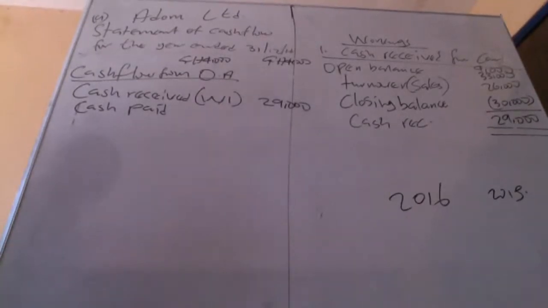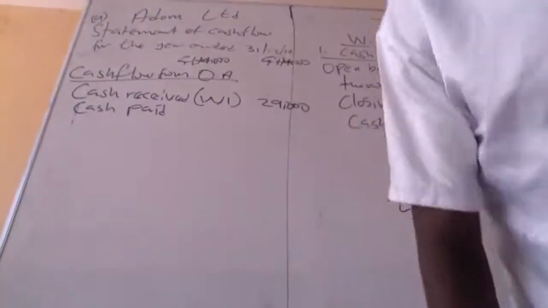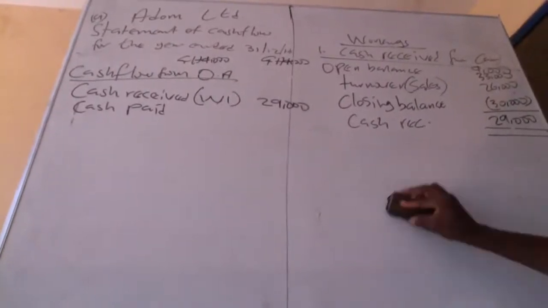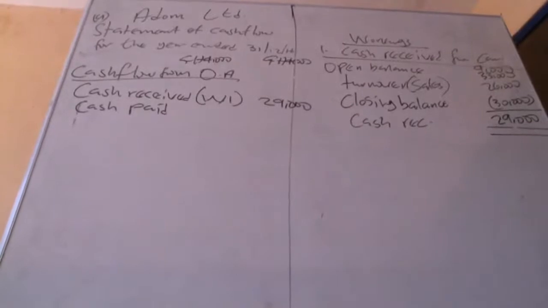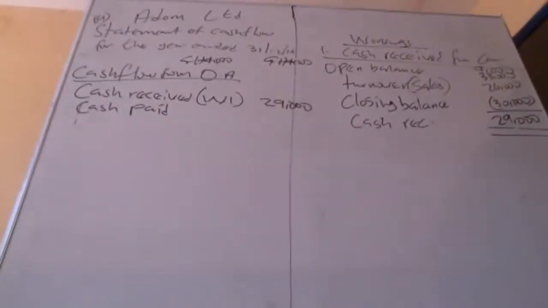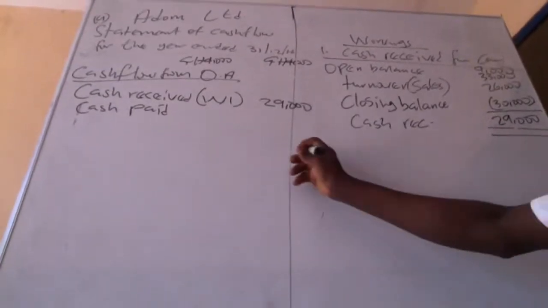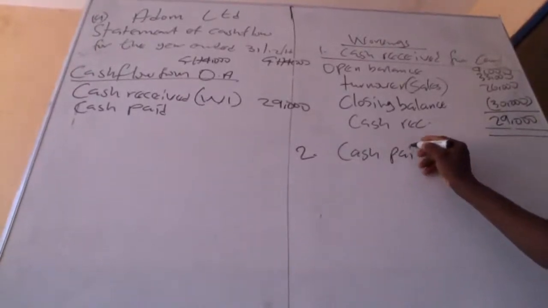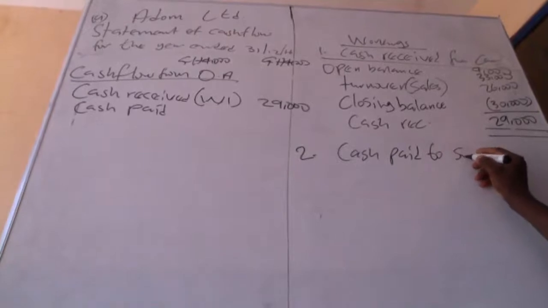That's workings number 2. For cash flow, it's full of workings, a lot of workings, but straightforward. Open balance, that item, less closing balance, you are done. Anytime you're looking for something paid, open balance, that item, closing balance, you are done. So workings number 2, cash paid to suppliers.